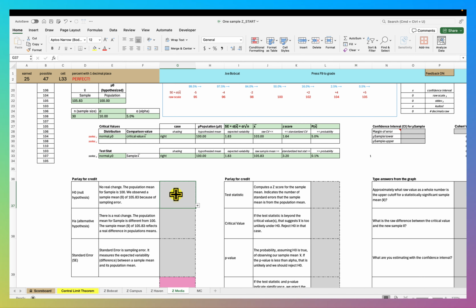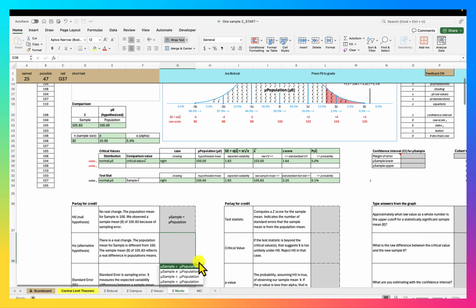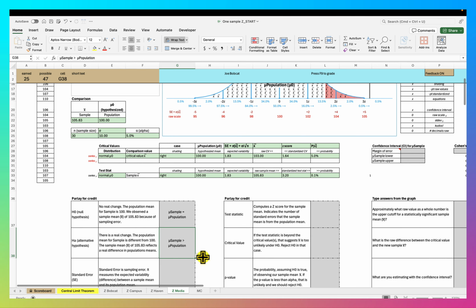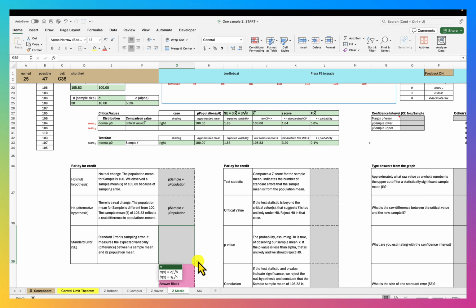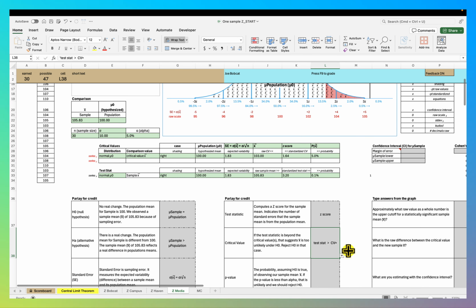Our null hypothesis is going to be that they're equal. And now this is directional. So the direction is that we're to the right, or greater than, for the alternative. The standard error is calculated the same way. It's a z-score. And our test statistic is to the right of the critical value, so it's higher than the critical value.